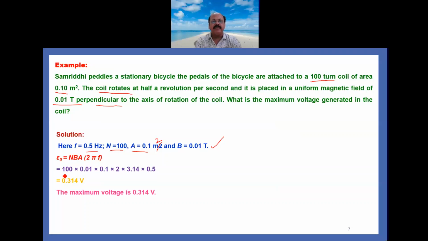Substitute the values: N is 100, B is 0.01, A is 0.1, 2, then pi 3.14, frequency is 0.5 hertz. After calculation, you will get 0.314 volt, so the maximum voltage is 0.314 volt.